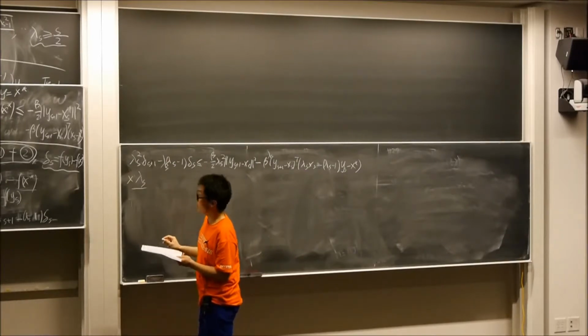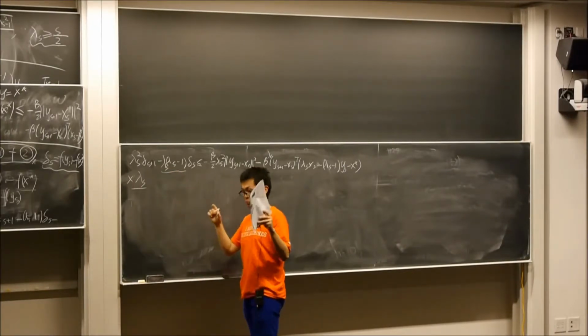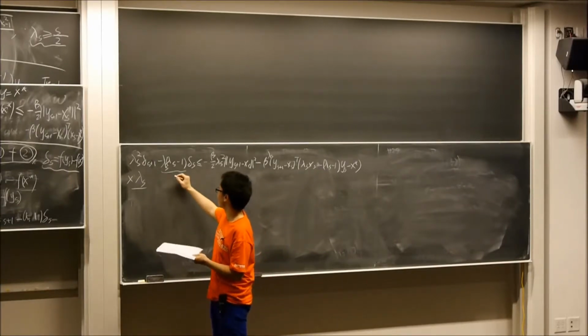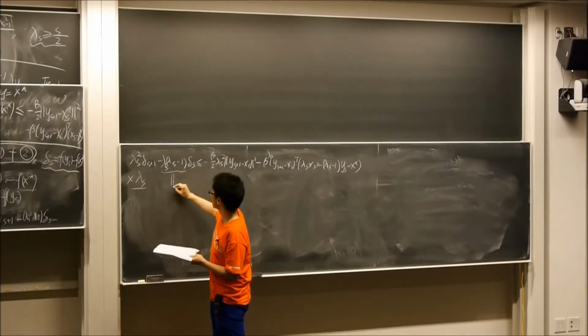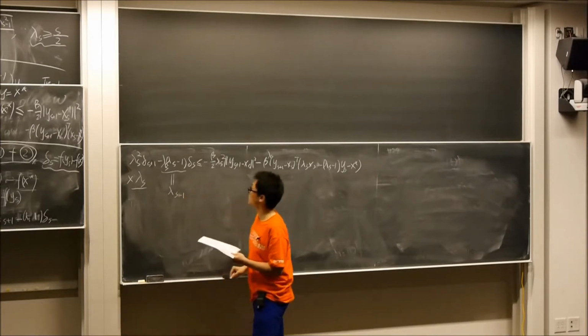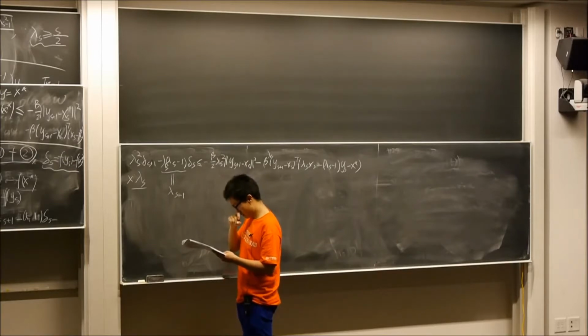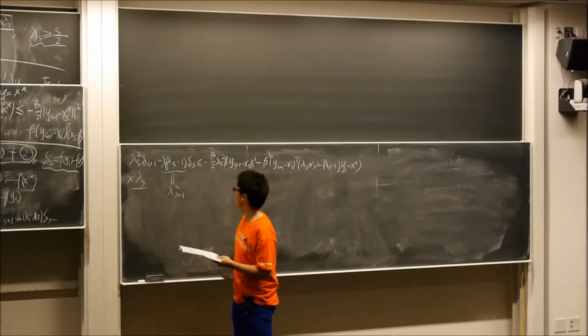So now let's try to work out the relationship between lambda s and lambda s minus 1. I claim that this thing actually equals to lambda s plus s minus 1 square.